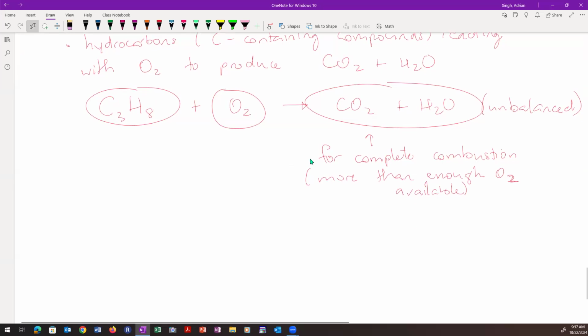And if that happens, and we have incomplete combustion, so if there is not enough O2 available, then instead of having complete combustion, we're going to have incomplete combustion.